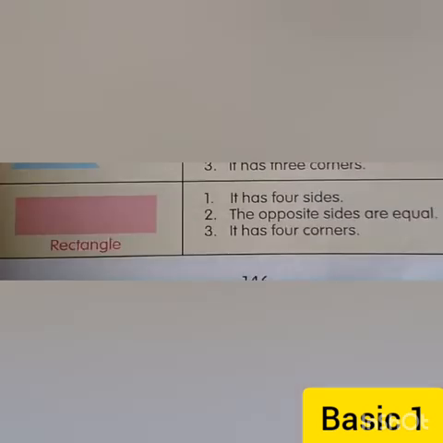The next shape there is rectangle. 1. It has 4 sides. 1, 2, 3, 4. 2. The opposite sides are equal. The left side is opposite to the right side, and they are equal.